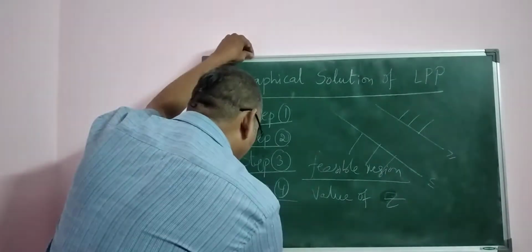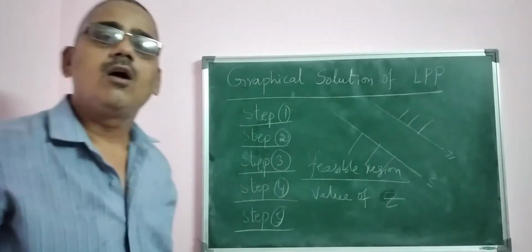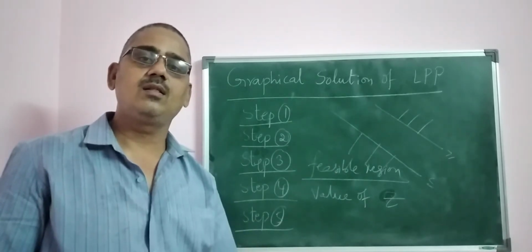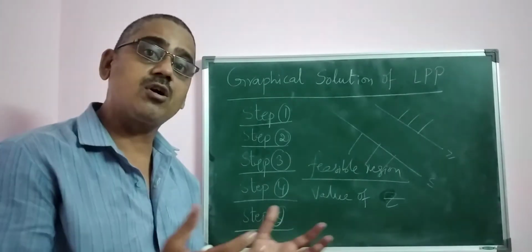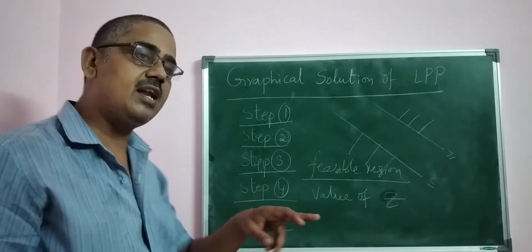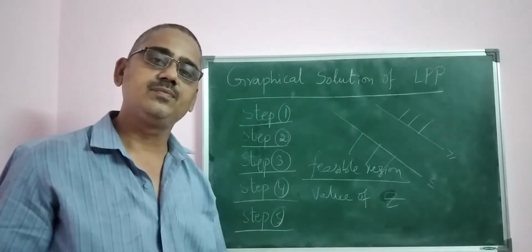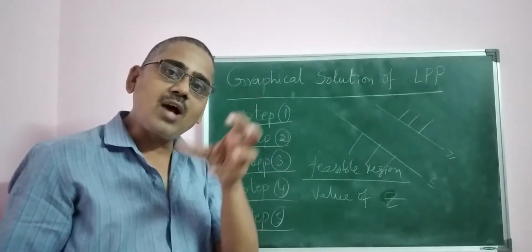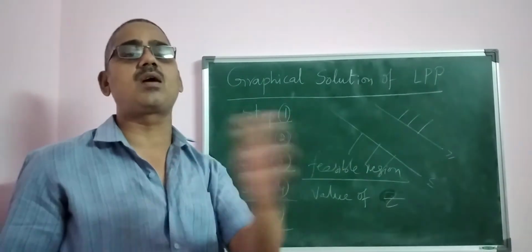And step 5, one more step. If the problem is maximization, then you consider the maximum amongst all the values of z. In step 4 we calculated the value of z at each and every corner point. Now, to find the maximum value of z, you select the maximum amongst them.